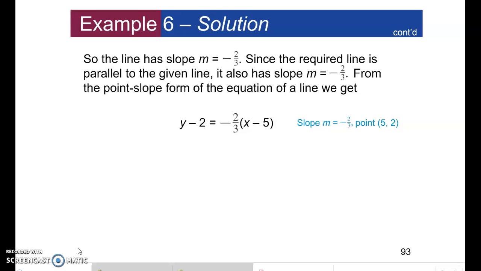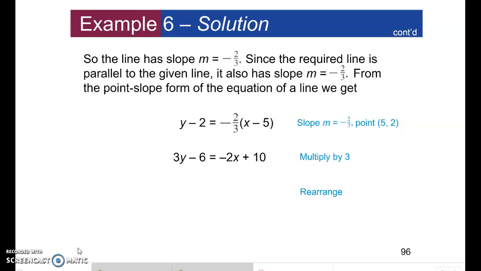So now I want to get rid of my fraction, so I'm going to multiply through by 3. General form, we need all integer coefficients, so I multiply everything on the left-hand side by 3. And when I multiply the right-hand side by 3, I get just a negative 2 out in front. When I distribute that to x minus 5, negative 2 times x is negative 2x, and negative 2 times negative 5 is positive 10. If we're putting this equation in general form, we prefer that the coefficient of x be positive.